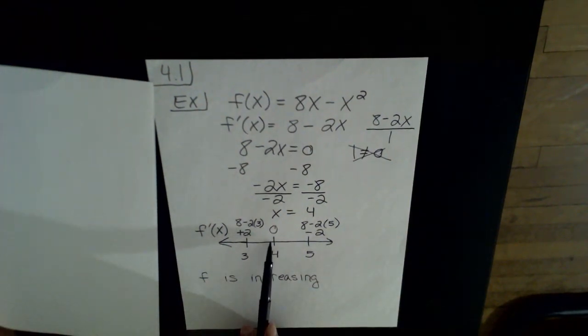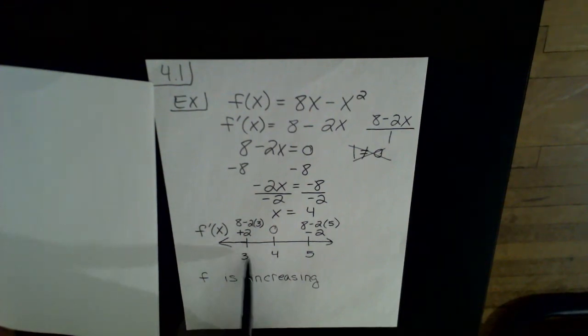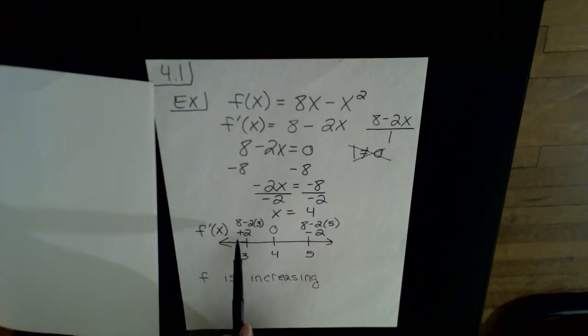Well, no matter what number we pick to the left of x equals 4, the first derivative will always be positive. This 3 was just one easy value to plug in to show that everything else to the left of x equals 4 will give you a positive result.